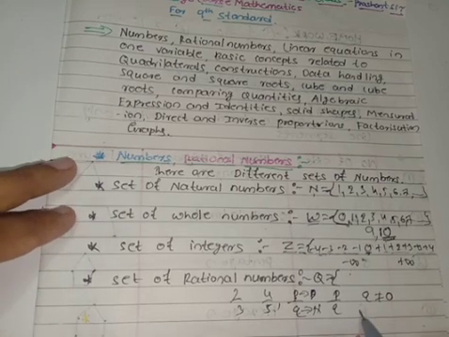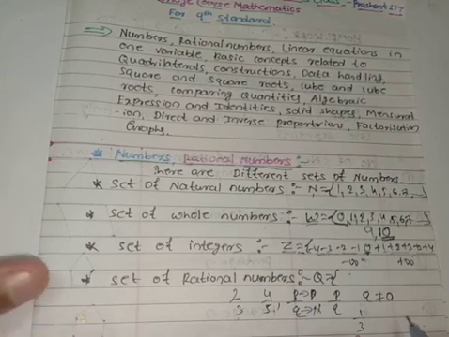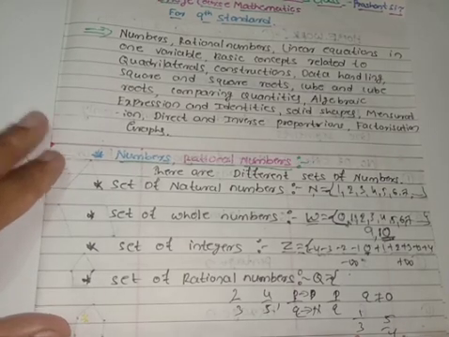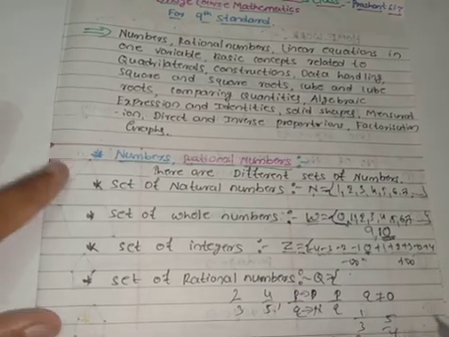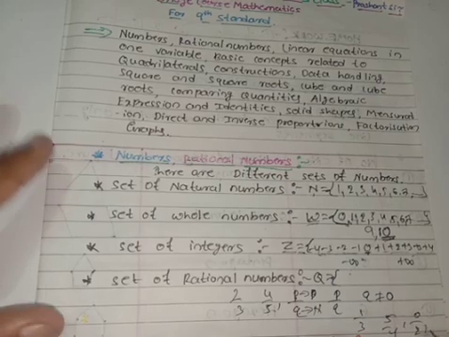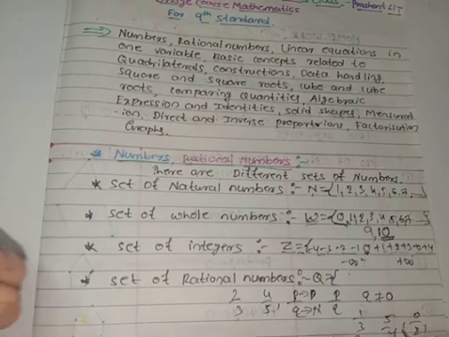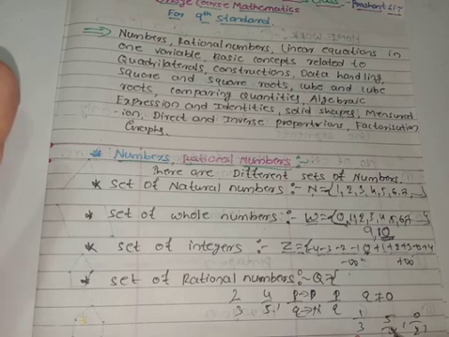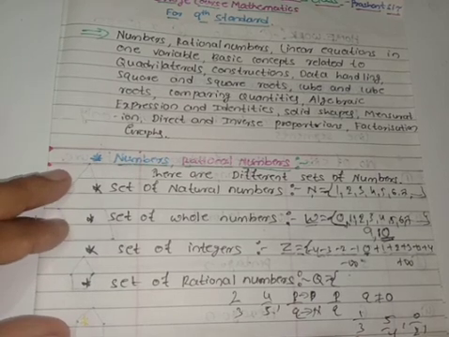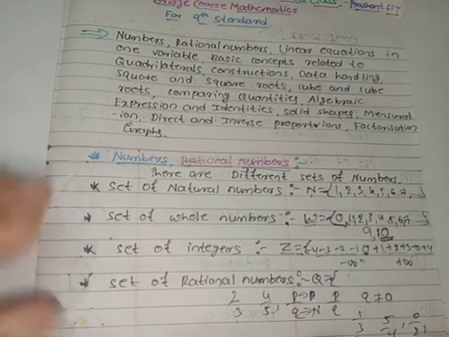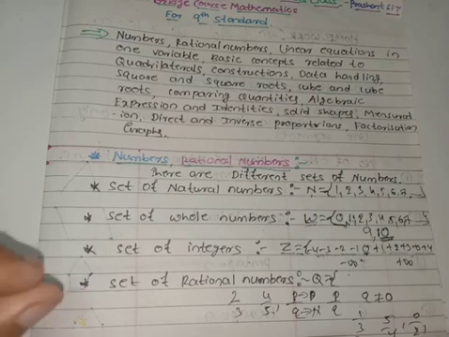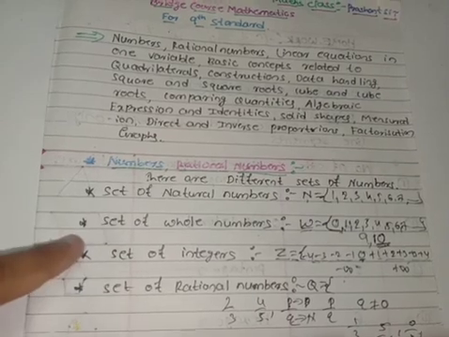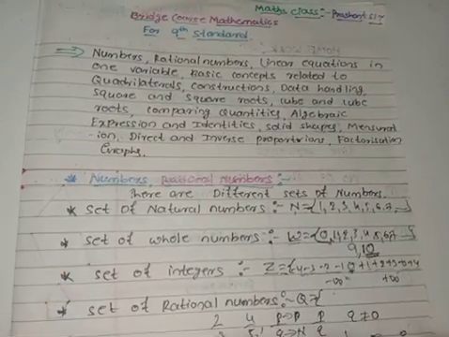See, 1 by 3 is a fraction, there is no doubt, and 5 by 4 is a fraction, and 0 by 2 is also a fraction, a rational number, but 3 by 0 is not a rational number. We call it the opposite of a rational number, an irrational number.